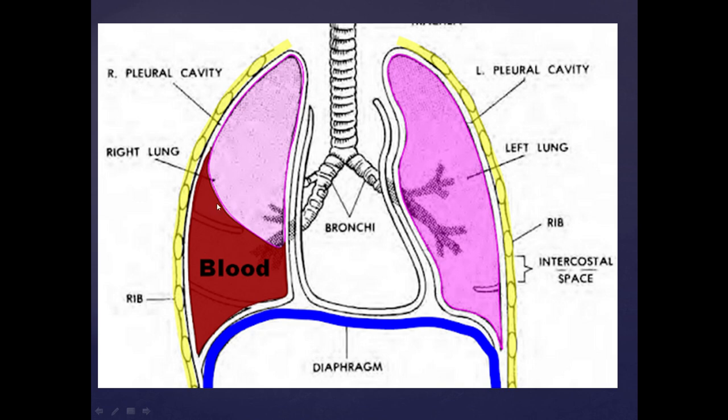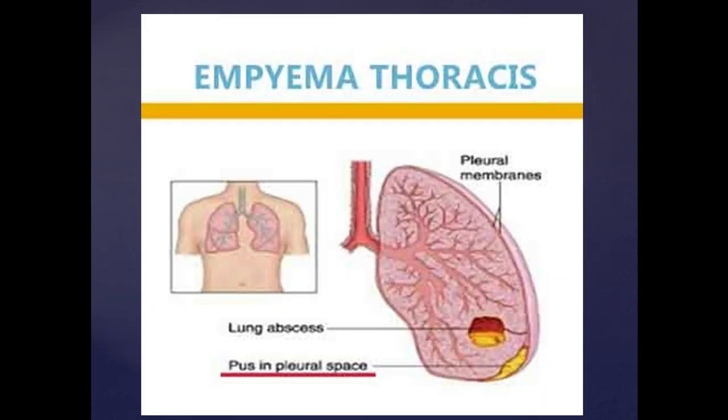So when there is accumulation of blood, that is known as hemothorax. When there is accumulation of pus after the formation of a lung abscess, it results in pus being present in the pleural space, and that is also known as empyema thoracis.